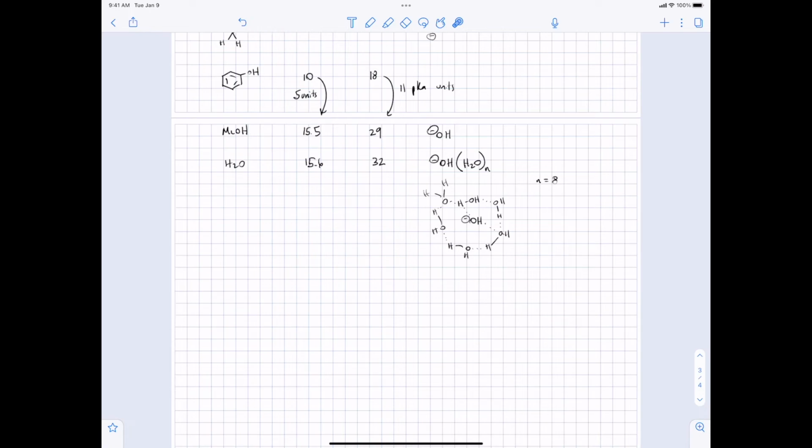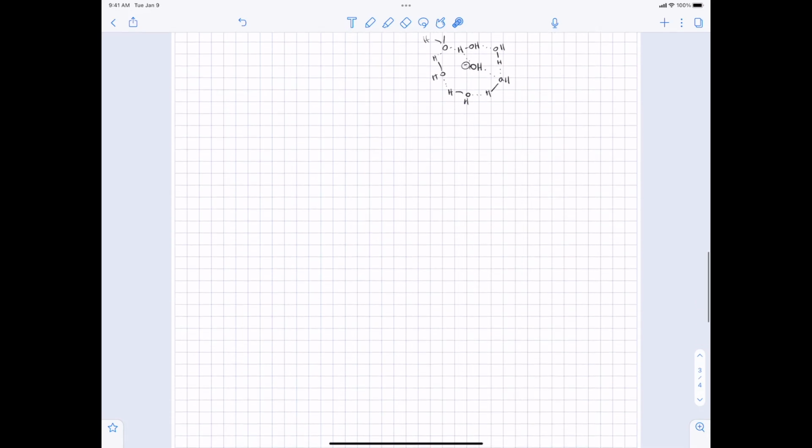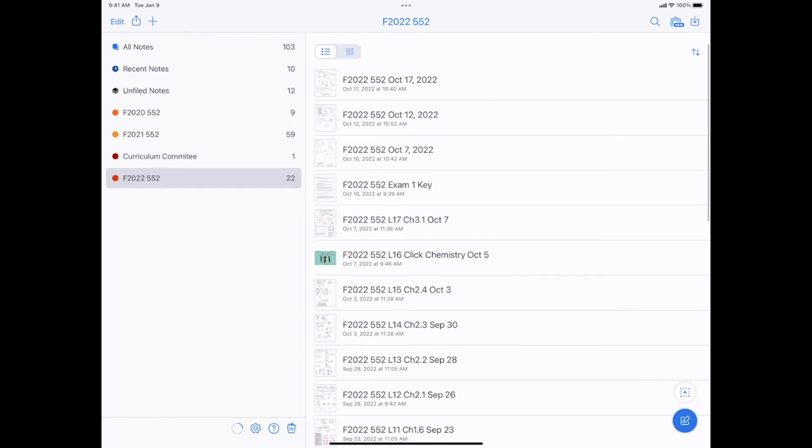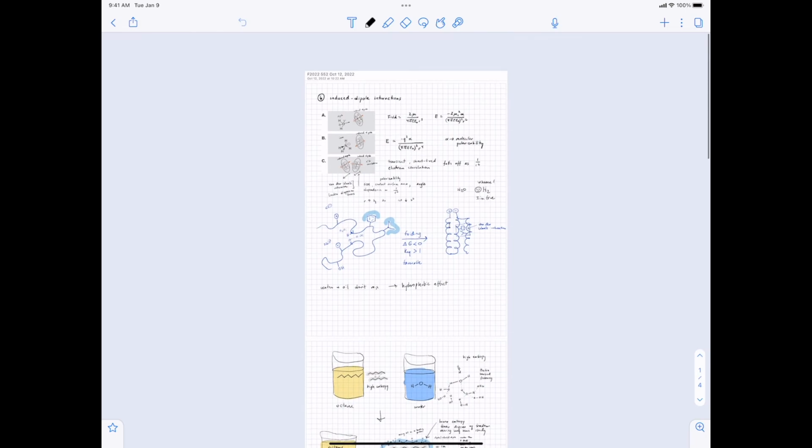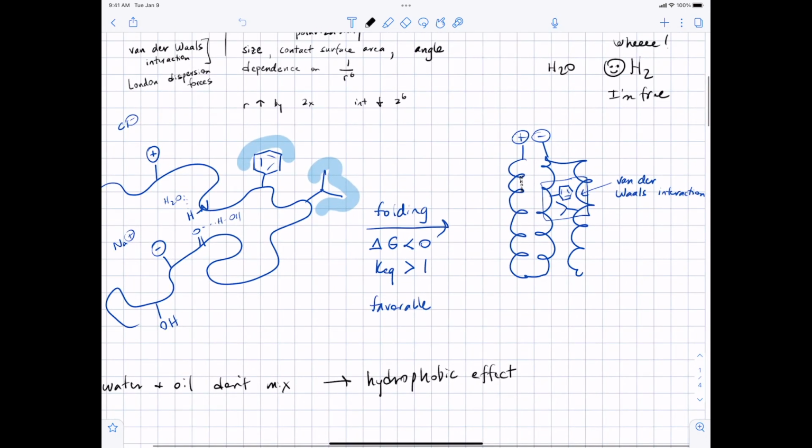So this kind of thing shows up in biology all the time, and the reason is that protein interior environments are of different polarity than exterior environments. We talked about protein folding last time, about how upon folding, non-polar groups are sequestered in the protein interior, whereas polar groups are on the protein exterior.